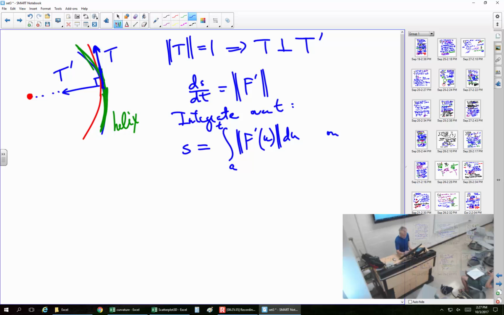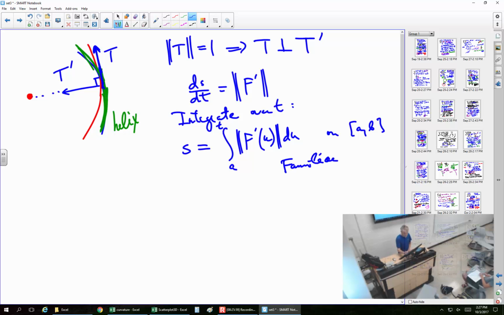The interval [a, b] is the one on which we are studying this curve, the domain of our parameter. And so I integrate from a to t, which may run from a to b, and then we end up with this integral, which at this point should be familiar. This integral, it's the arc length.